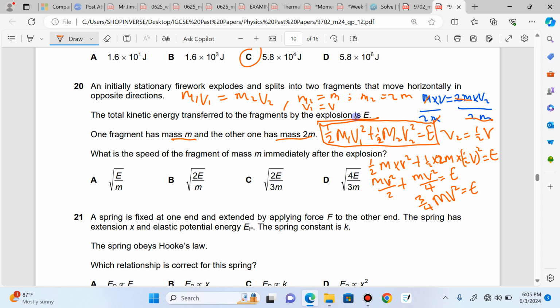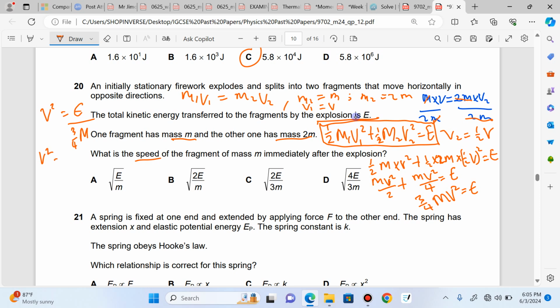What are we looking for? We are looking for V. Since 3 over 4 mv squared is equal to E, let's divide both sides by 3 over 4m. That simply means V squared equals E divided by 3 over 4m.